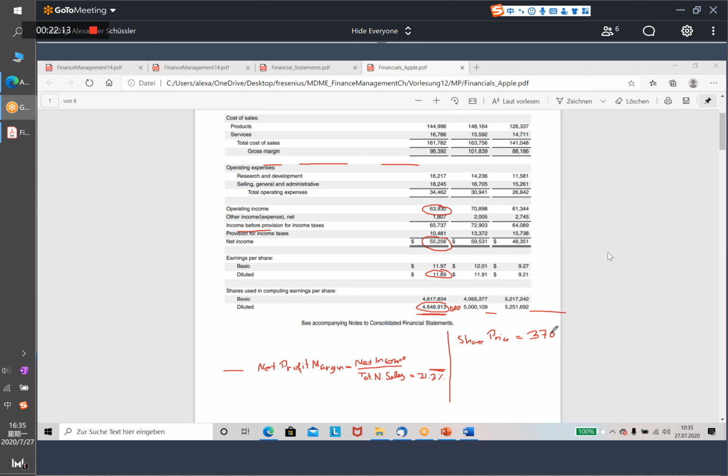So try to calculate the price earnings ratio. What is the price earnings ratio? Look at the slides for how to calculate it.